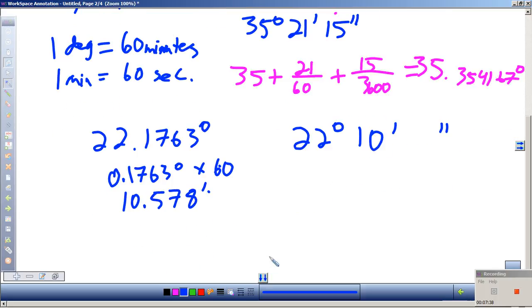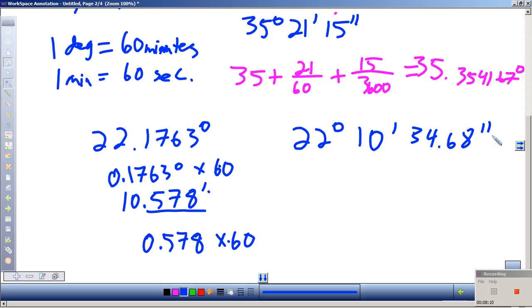Then what? Well, we're not finished yet, because remember, we want to change the rest of this into seconds. This is minutes now, so how do I change minutes into seconds? Times 60. And what do I get? .68 seconds.